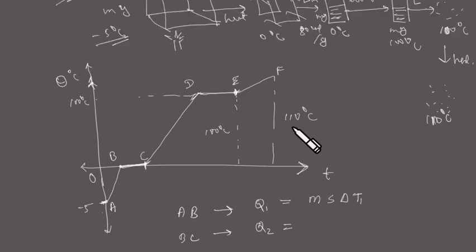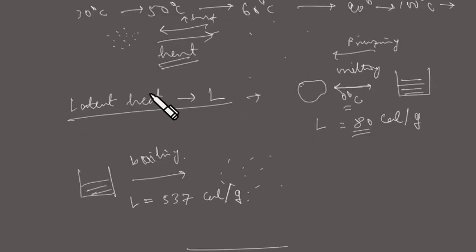Now, one thing we didn't discuss is that this latent heat L is defined as the amount of heat required to change the state of a unit amount of the body.